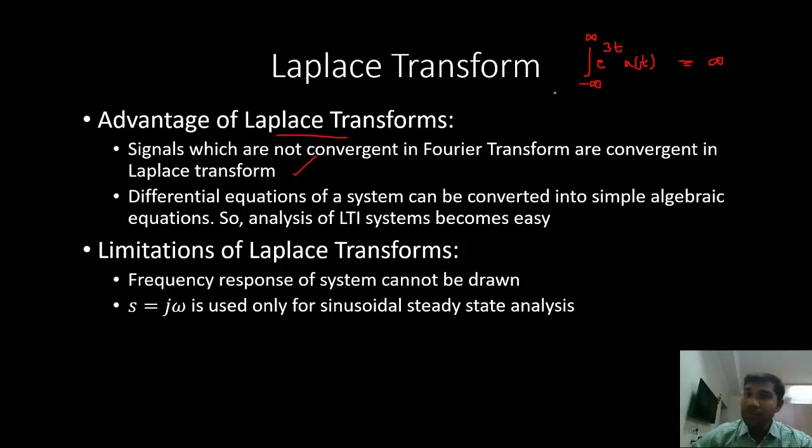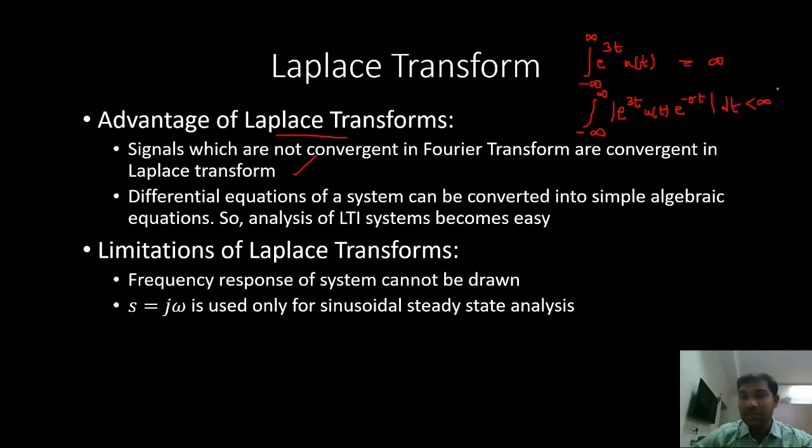How? What is the condition for the existence of Laplace transform? Minus infinity to infinity, my signal f of t, right? f of t into u of t. This is my signal, and I have to multiply it with e power minus sigma t, the entire thing mod dt must be less than infinity, right?